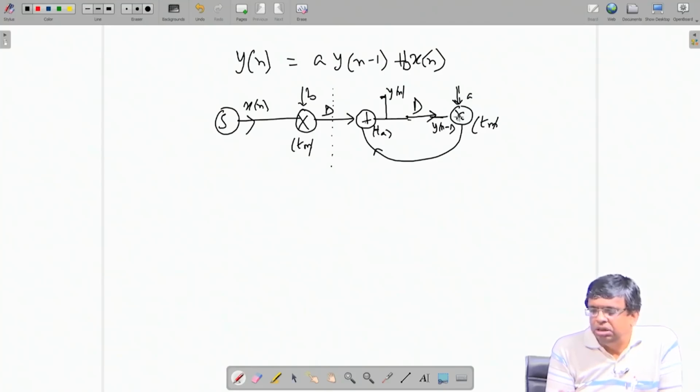So, this plus and this multiplication are not coming in the same cycle, they are separated by delay. But in the lower half, you have T m, this multiplier, and then in the same cycle you are followed by the adder T a. So, T m plus T a. So, here I have T m, here I have T m plus T a, and here I have T m, here I have T a, here I have T m.